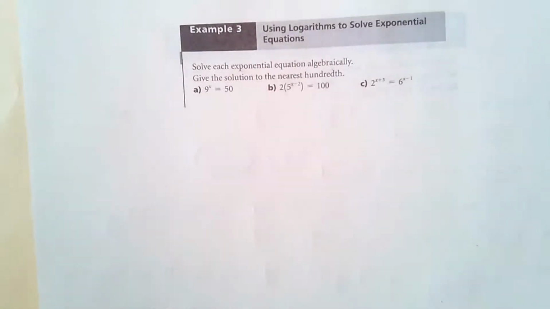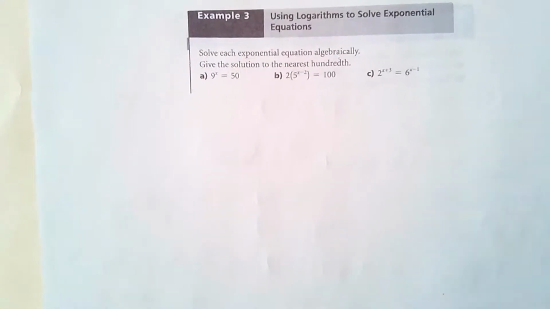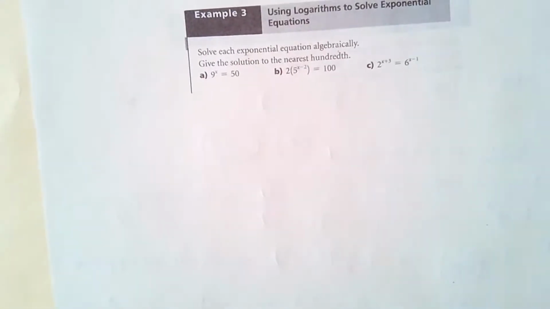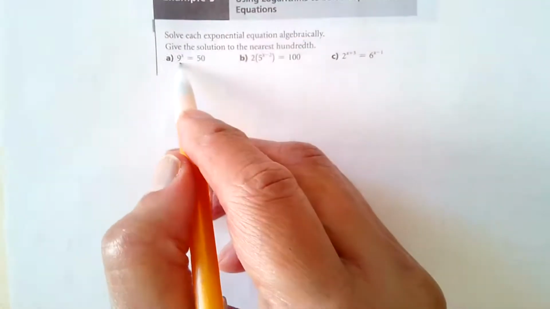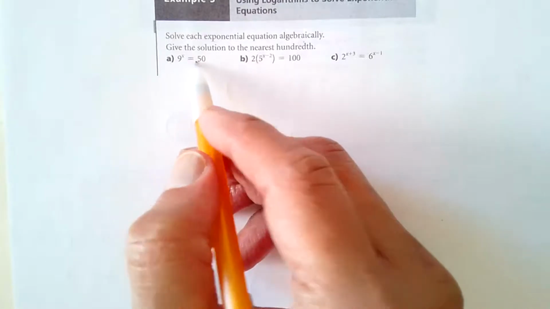Okay, now I'll need my calculator. So we look at base 10. So we have 9 to the power x equals 50.